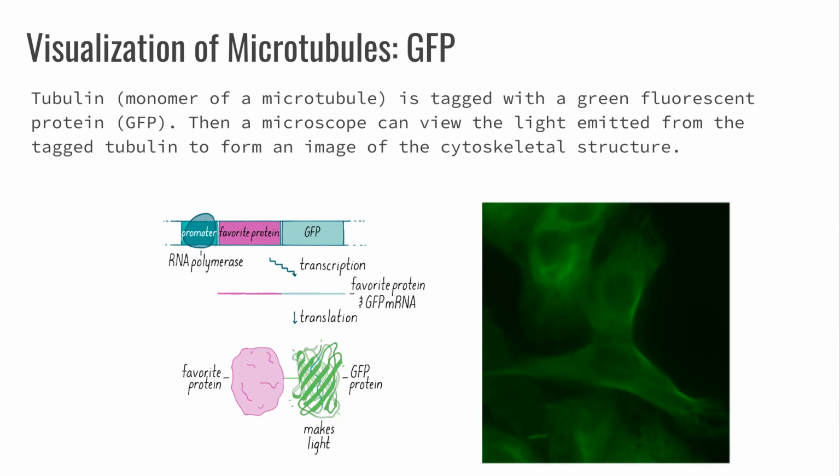So this says favorite protein, but it's tubulin. Whenever tubulin is expressed, this fluorescent protein is expressed with it. And so wherever you see the tubulin in the cell, you'll have a fluorescent signal bound to it, which then can be viewed with a microscope in IF, immunofluorescence. That's that.